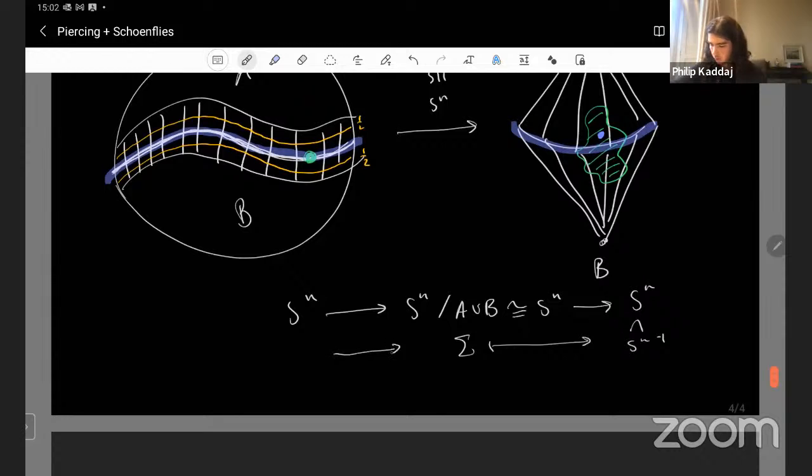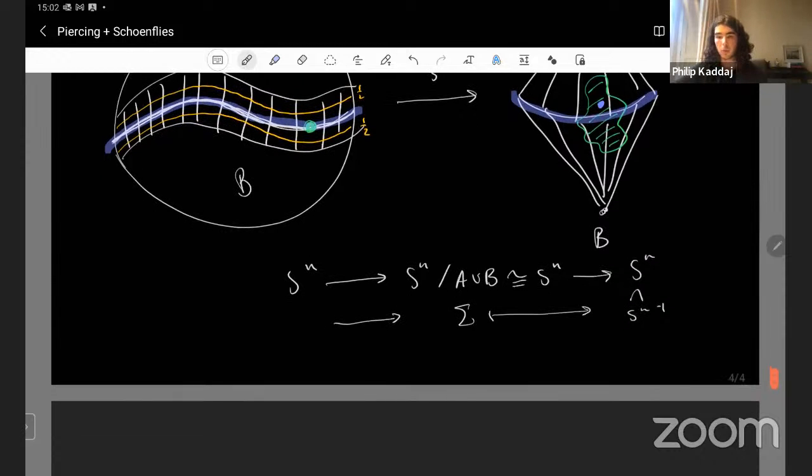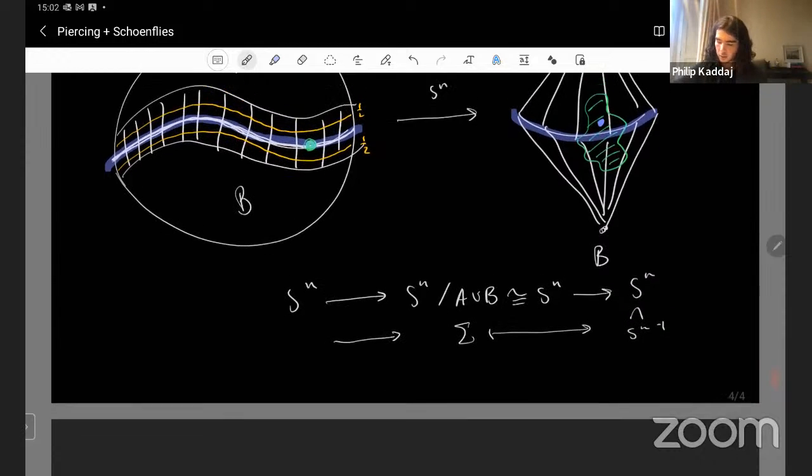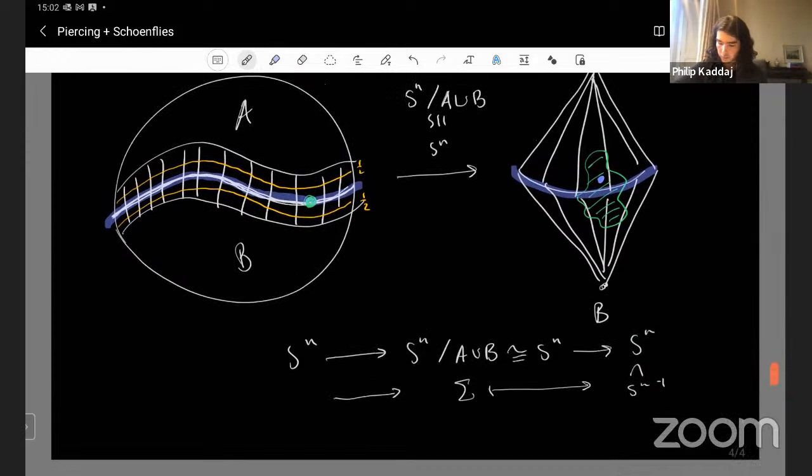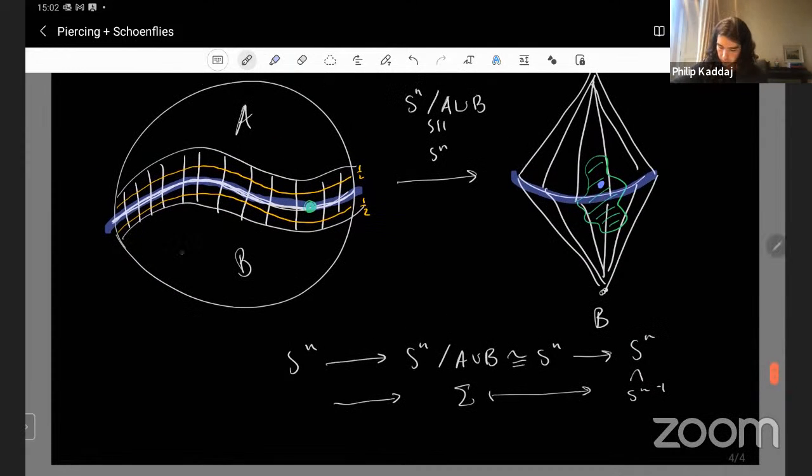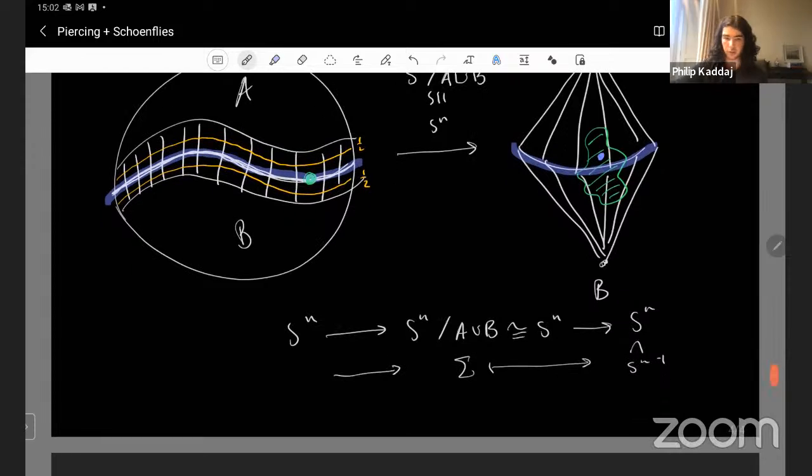So this composition is the flattening homeomorphism, and by the previous propositions, again we have that dA and dB, their closures are disks.